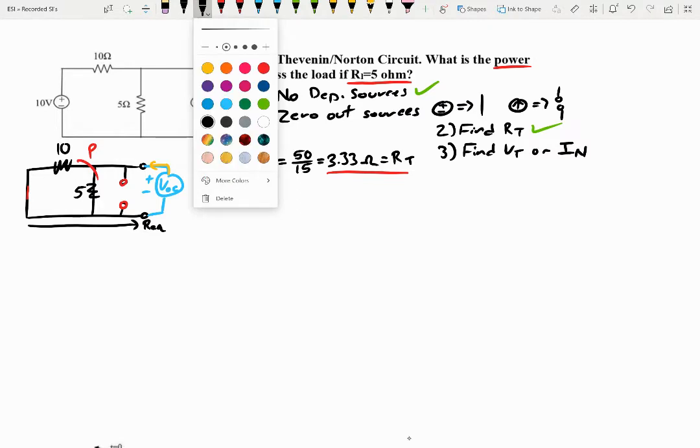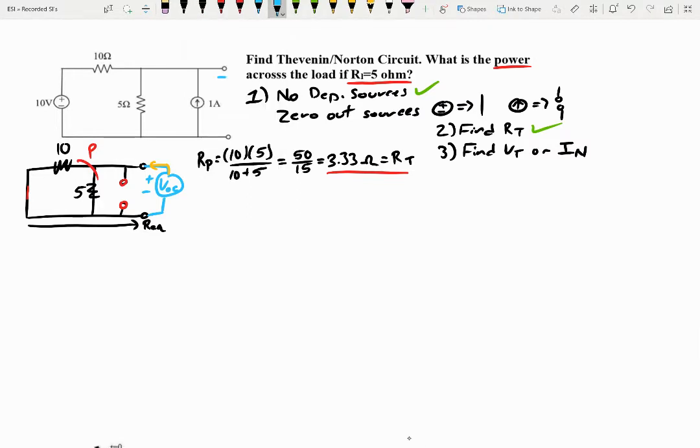And jumping back to the original circuit, if we know that this is VOC, I need to find the voltage at that point, which is the same as voltage there, voltage there, and voltage there. What we're trying to find is the voltage drop across those terminals, right? If I know voltage along a wire is the same, if I know the voltage at this point, I know the voltage at that point.